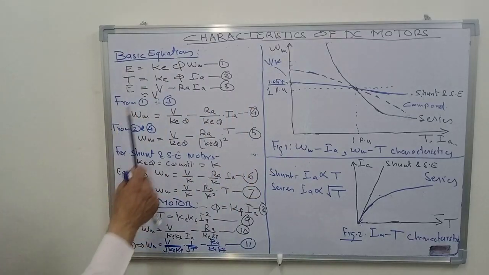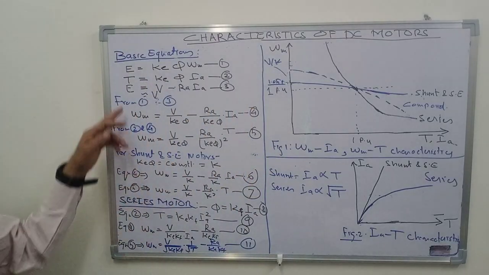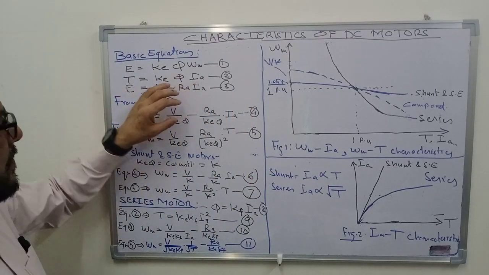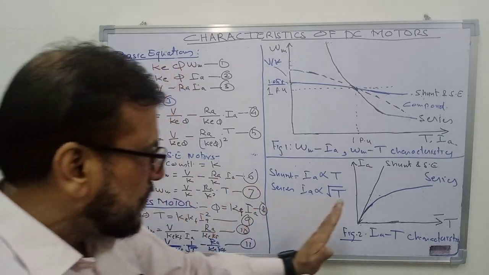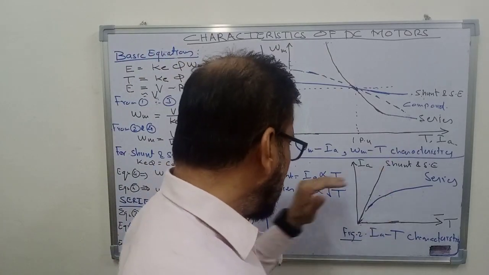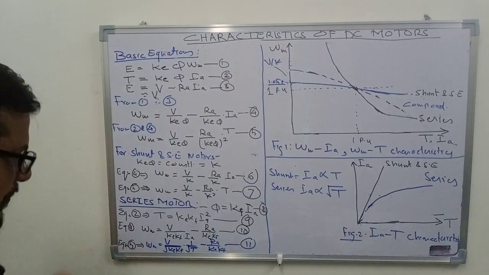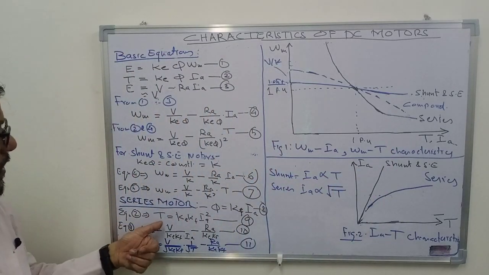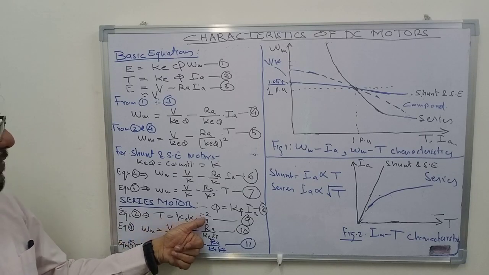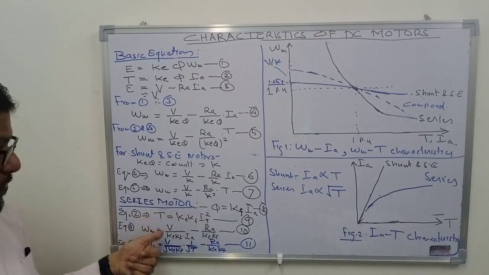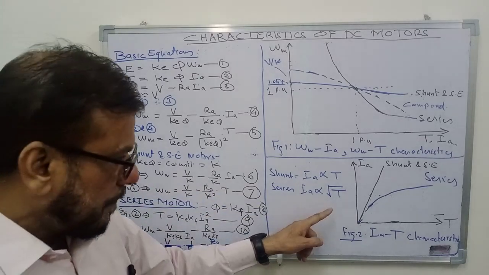Now as you can see from equation number 2, that torque is proportional to Ia in the case of shunt motor, phi is constant, so the curve will be linear, Ia is proportional to torque. Whereas in the case of series motor, you can see that torque is equal to Ke Kf Ia square. So Ia is proportional to square root of the torque tau.